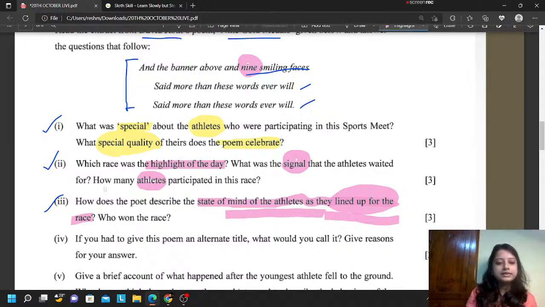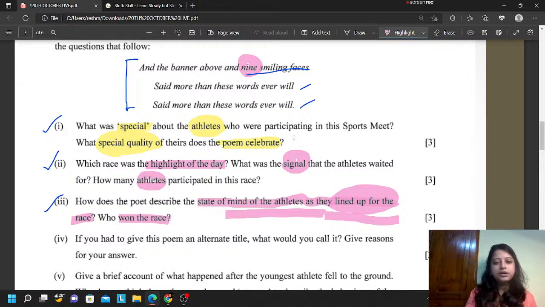Now, who won the race? This one, very simple answer. Who won the race?